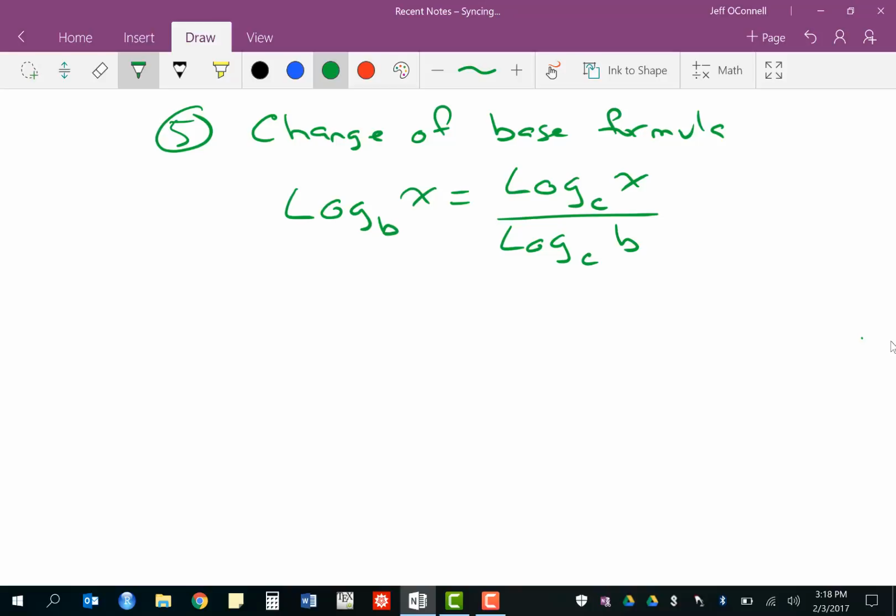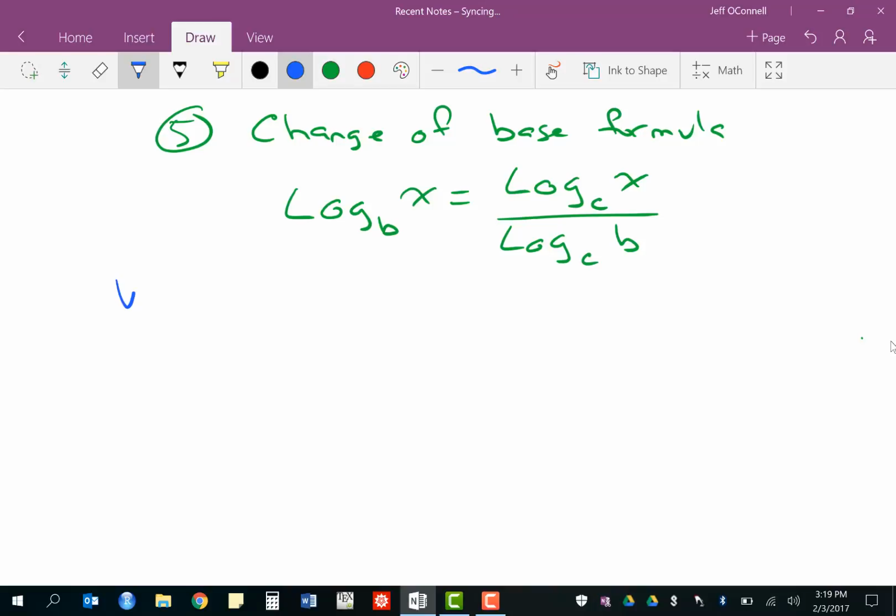And why we care about the change of base formula is that most calculators only have a log base 10 button and a log base e, or a natural log button. And so those are the only logarithms that we can do on a calculator, and if we needed to evaluate a log base 7, then this formula can be used to evaluate those kinds of logarithms.